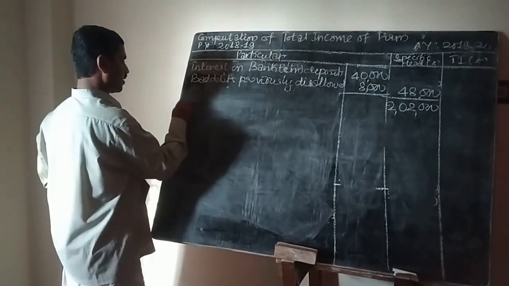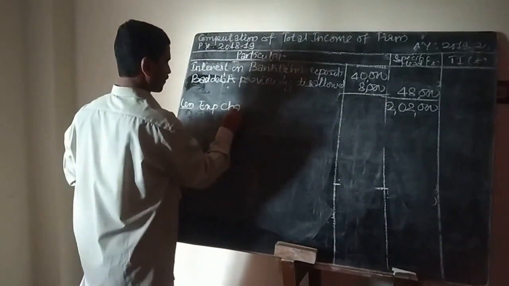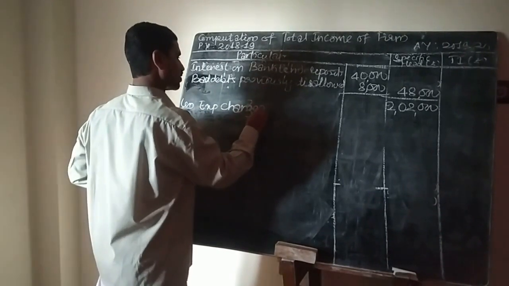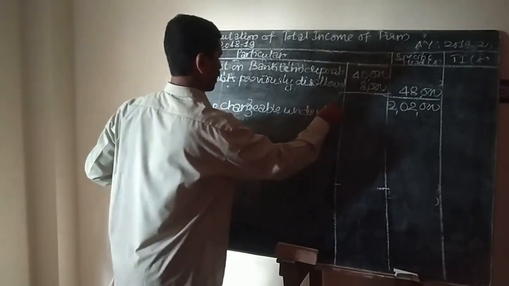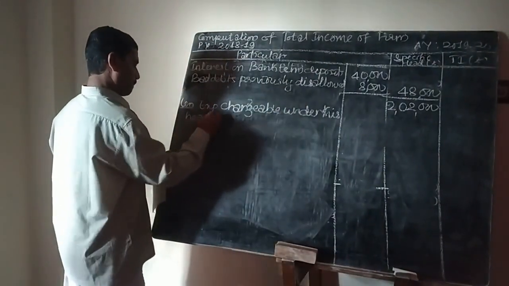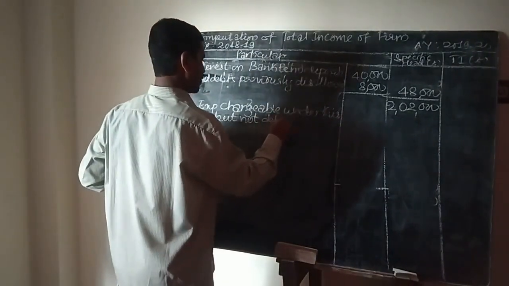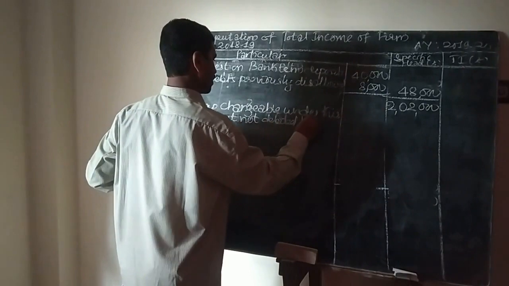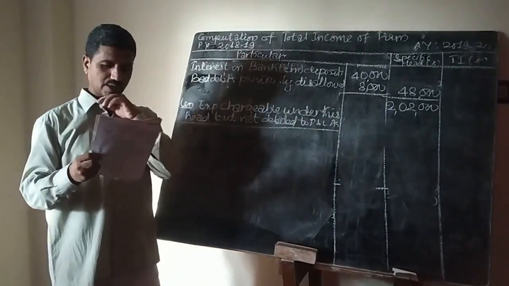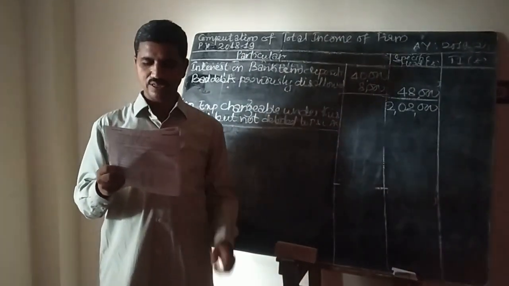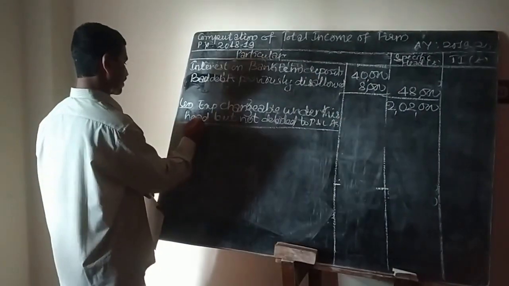So you write down: less expenses chargeable under this head but not debited to the P&L account. In the problem, depreciation as per accounting is rupees 20,000, but as per IT rules it is 30,000. So 10,000 can still be claimed here.